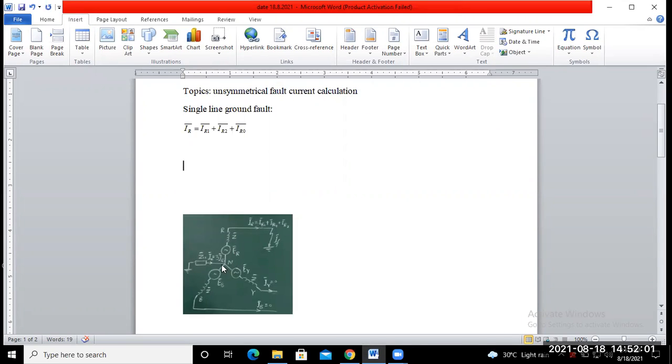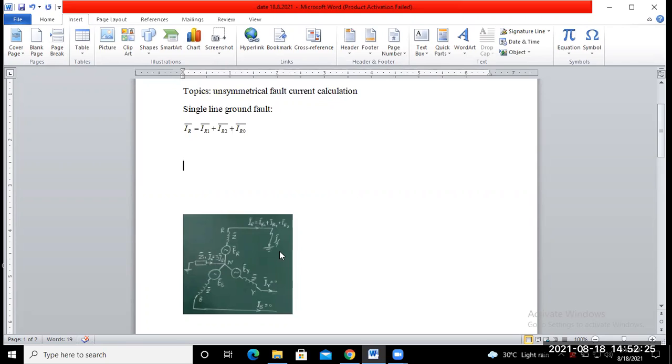The neutral point of the alternator is connected through the ground with an impedance of Zn. So this neutral point is connected to the ground. Can the zero sequence current flow in the alternator if the neutral point is grounded?